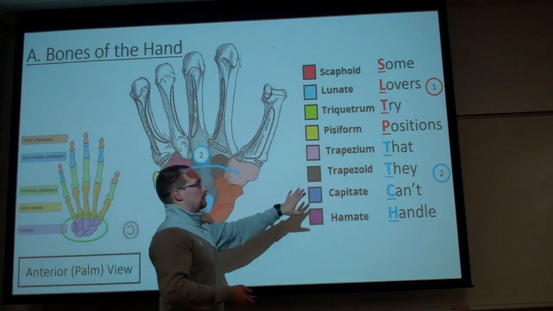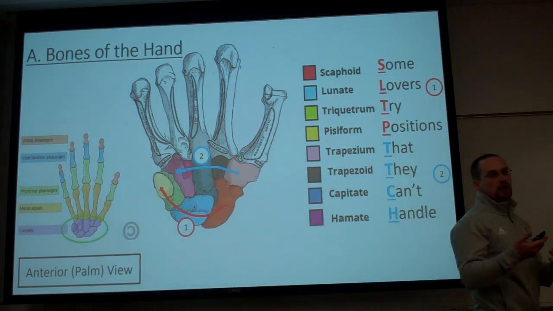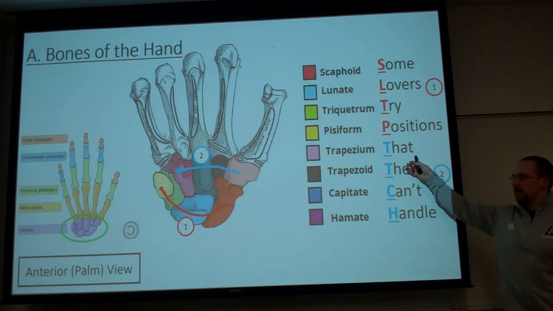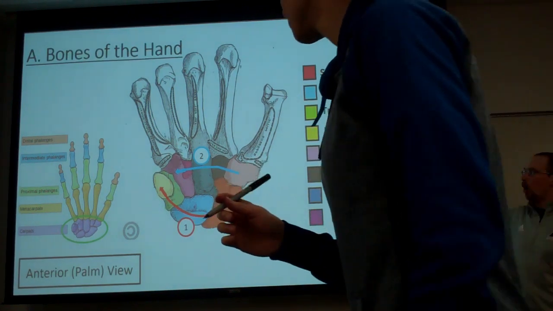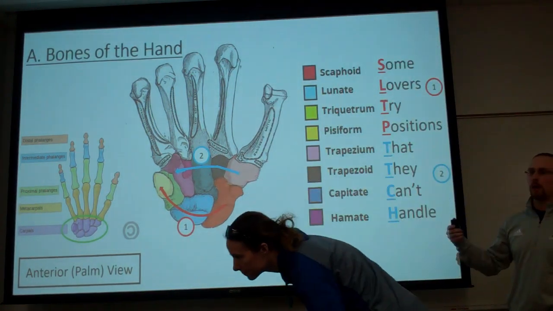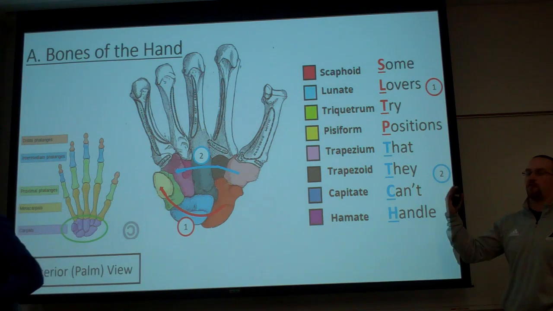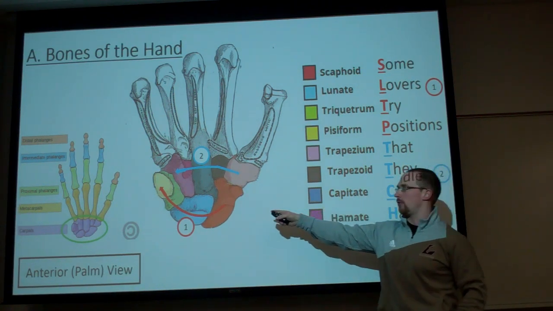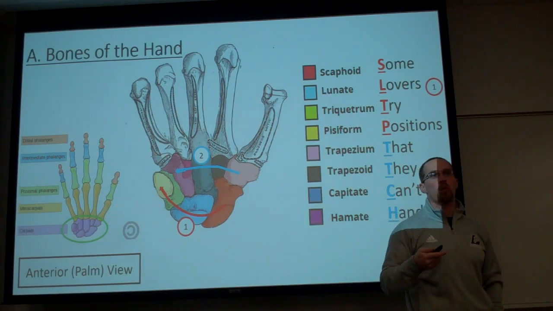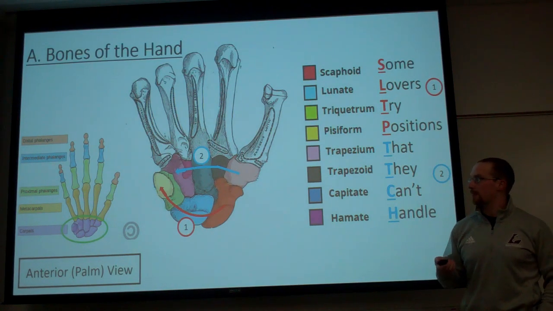If it helps, there are some other phrases out there, but if you memorize this phrase, that will help you know what order they're in, and help you if we put a sticker on one of these 8 carpal bones, so you can let us know which of the 8 it is.